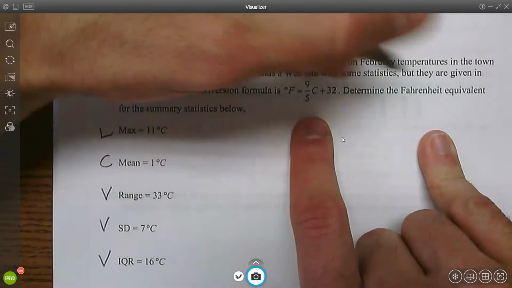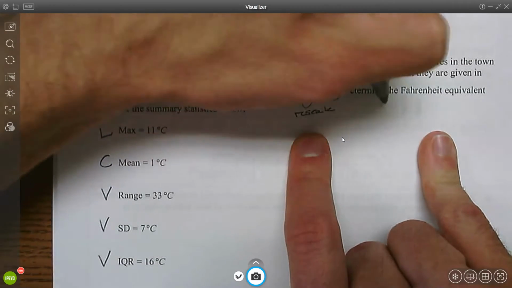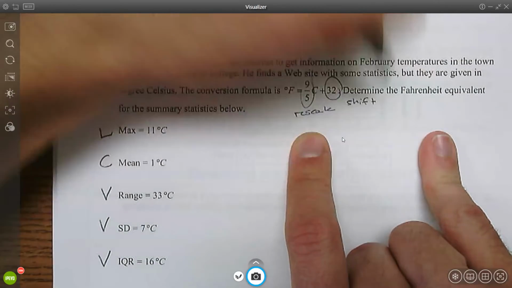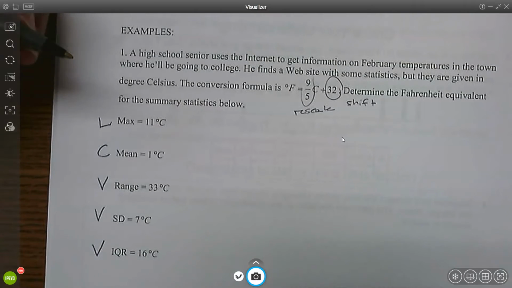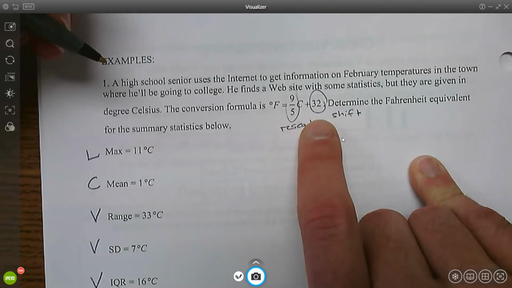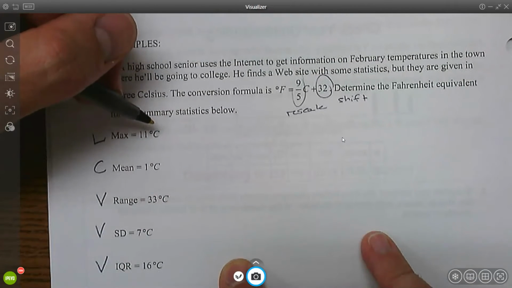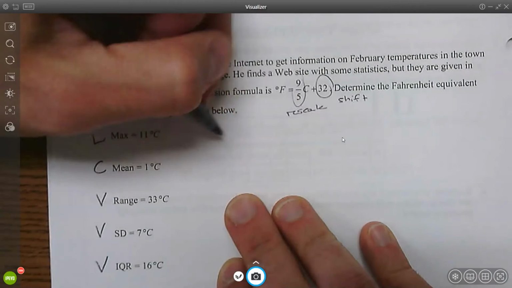So we have a multiplication, which is a rescale, and we have an addition, which is a shift. So essentially what's happening here is I'm taking the data, multiplying it by 9/5 and adding 32 to every piece of data. And I'm trying to think about what's going to happen to each of these measures. Well, the max, the same exact thing is going to happen to it.